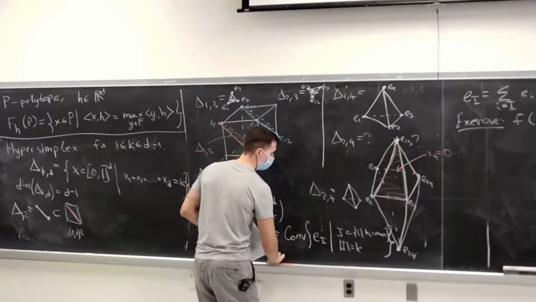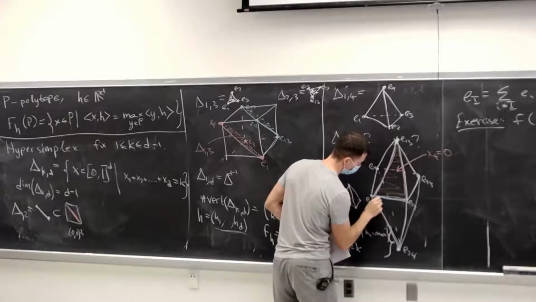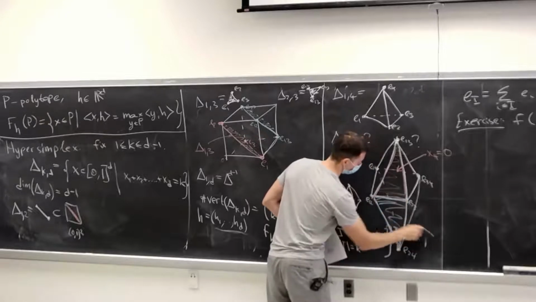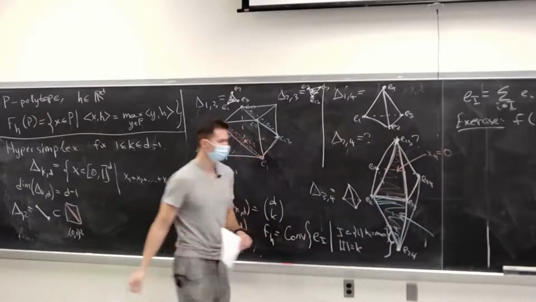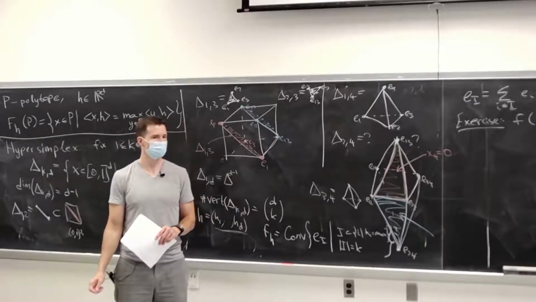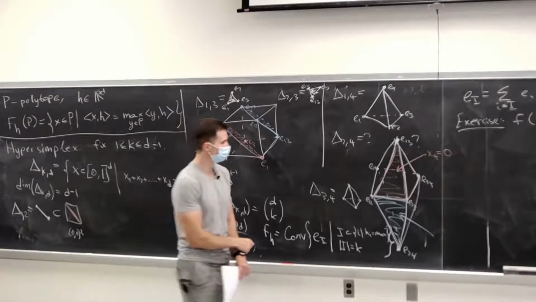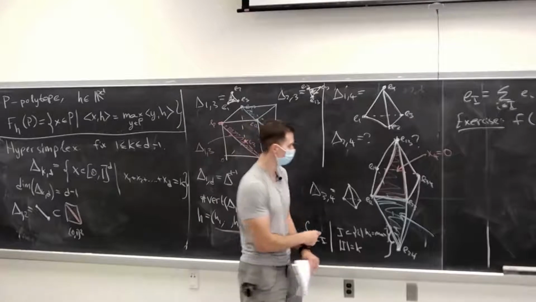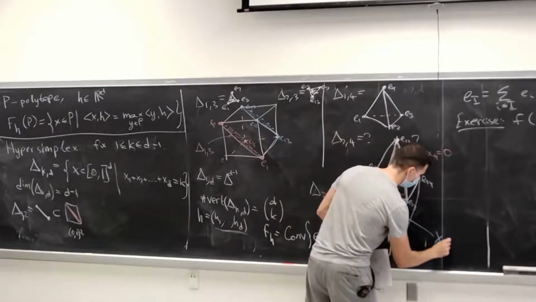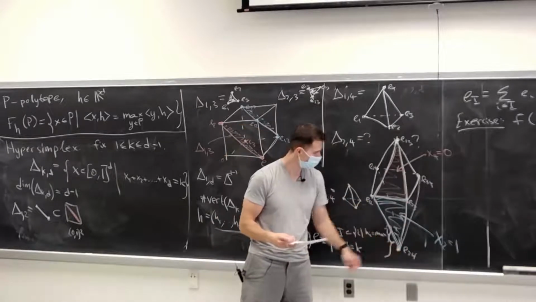All right, what about this face here? E2, again, x2 equals 1. All right, that's correct. Thank you. Because again, for each of the vertices, this is true.